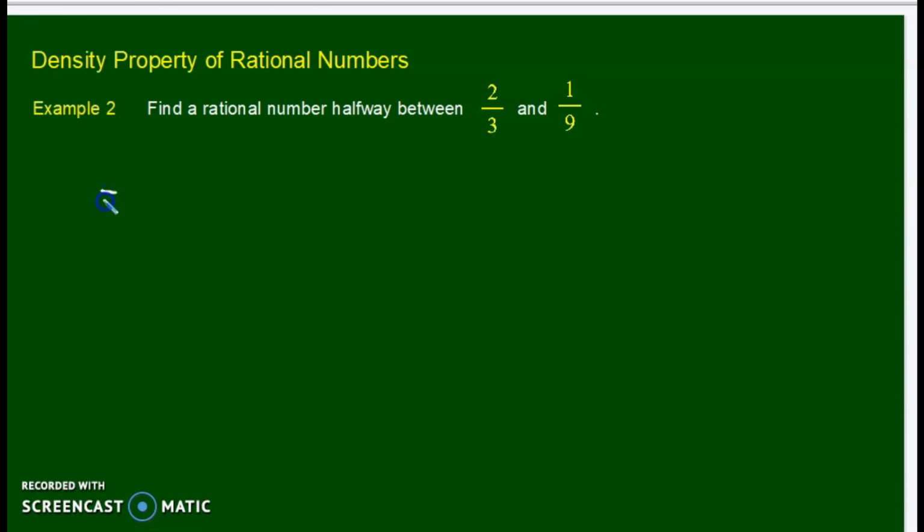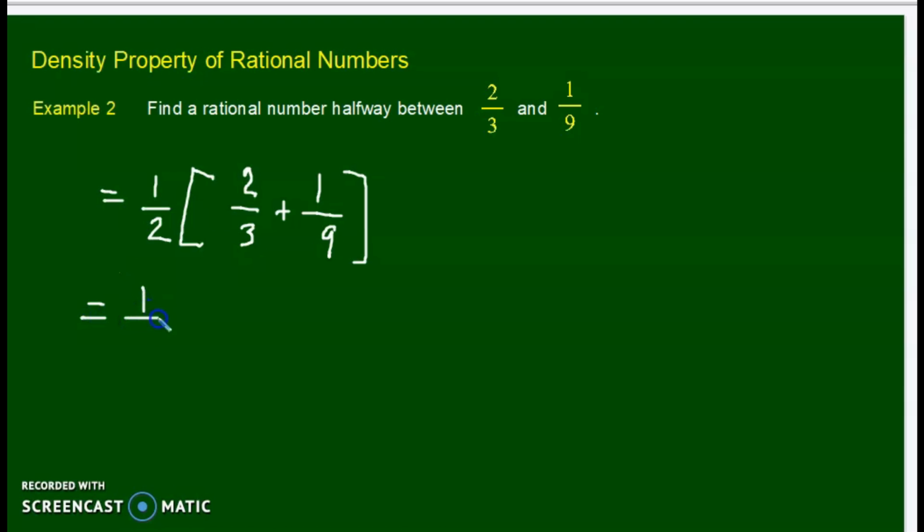So, we have 1/2 multiplied by the sum of 2/3 and 1/9. Okay? So, we observe that the given fractions inside the bracket are dissimilar fractions. So, we have to get the LCD. And the LCD is 9.